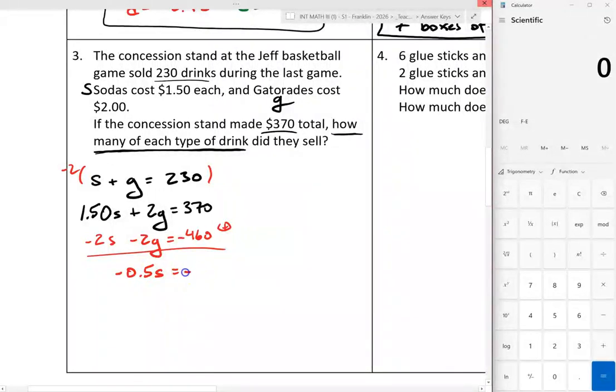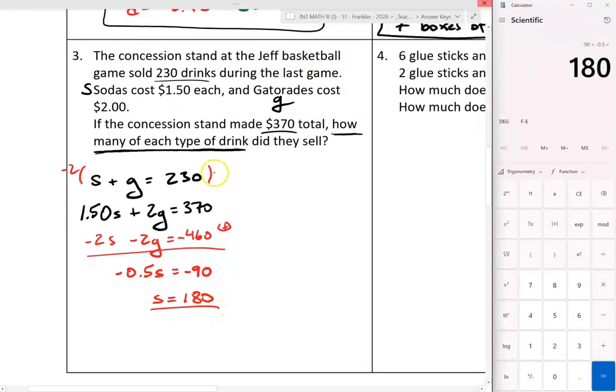What is that? Negative 90. So if I divide by negative 0.5, that's just multiplying by 2, I get positive 180. And you can always use a calculator. Negative 90 divided by negative 0.5, we get 180. So I know we sold 180 sodas.